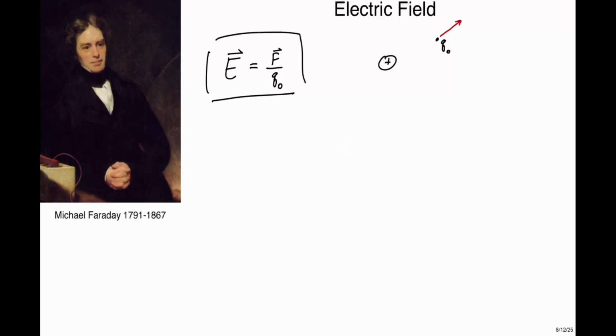Okay. What if I dropped the test charge down here? What direction is the force? Away. Away from that charge in the middle, right? What if I put it over here? Away. So if I asked you to describe the electric field around the dome of the Van de Graaff generator, right?